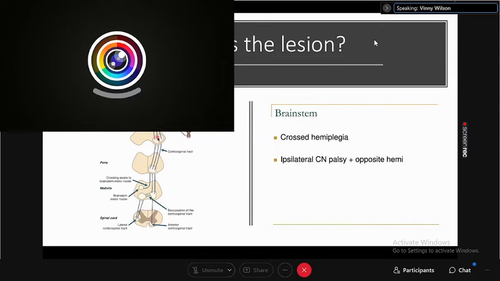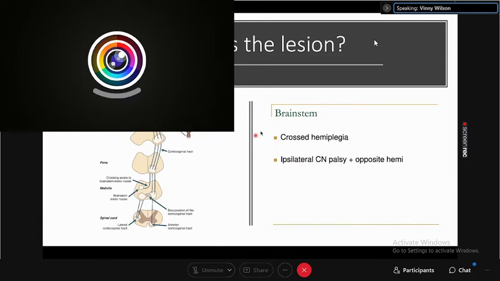But because these corticospinal tract fibers are going to subserve the opposite side of the body, they come like this and they cross over and supply the opposite side of the body. The hemiparesis will be observed on the opposite side, whereas the third cranial nerve that is exiting the midbrain will be palsied on the same side.